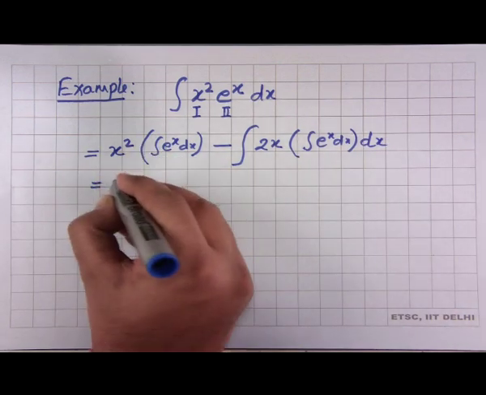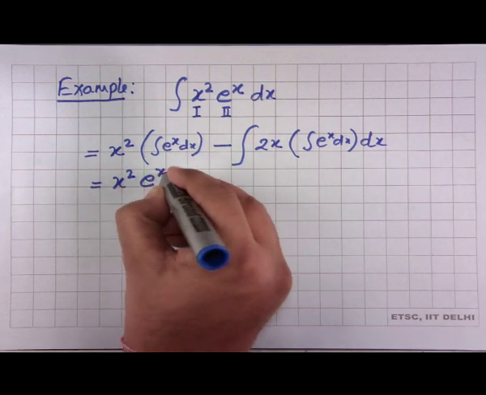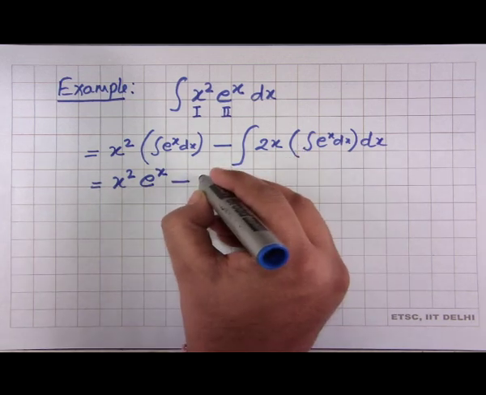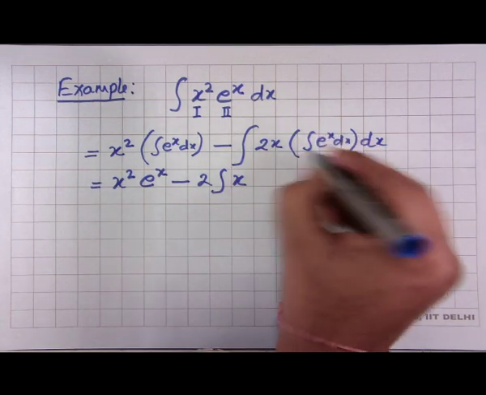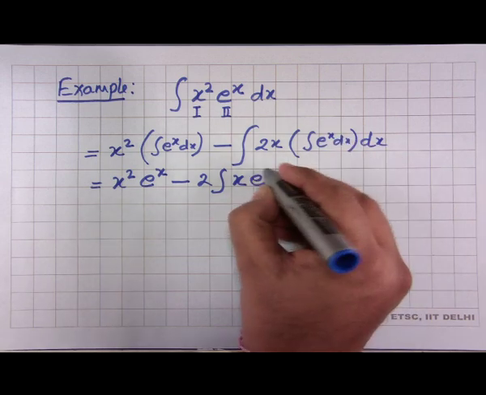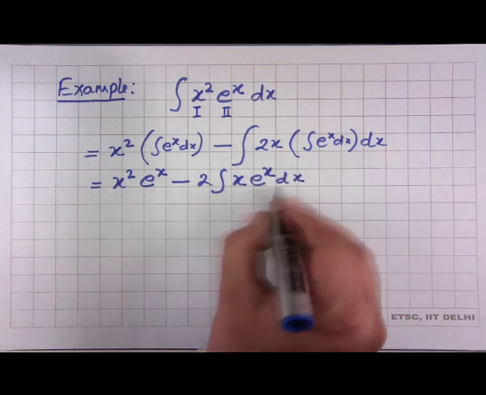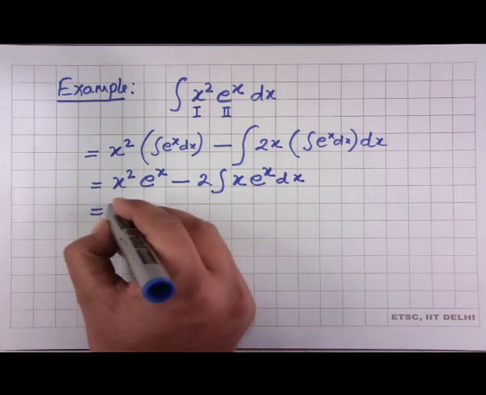So, this entire thing becomes x square e raised to power x, minus 2 taken outside, integration of x e raised to power x. As I told you, we do not need to put a constant here. So, we reach this x e raised to power x, which we have already evaluated.